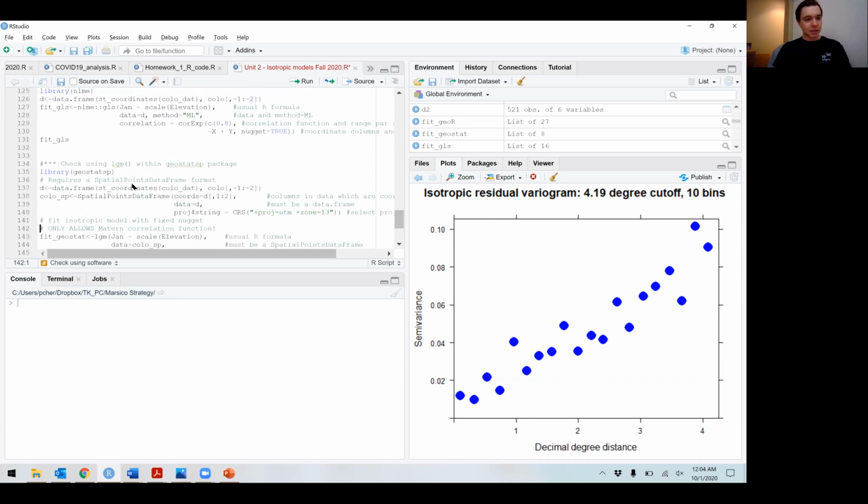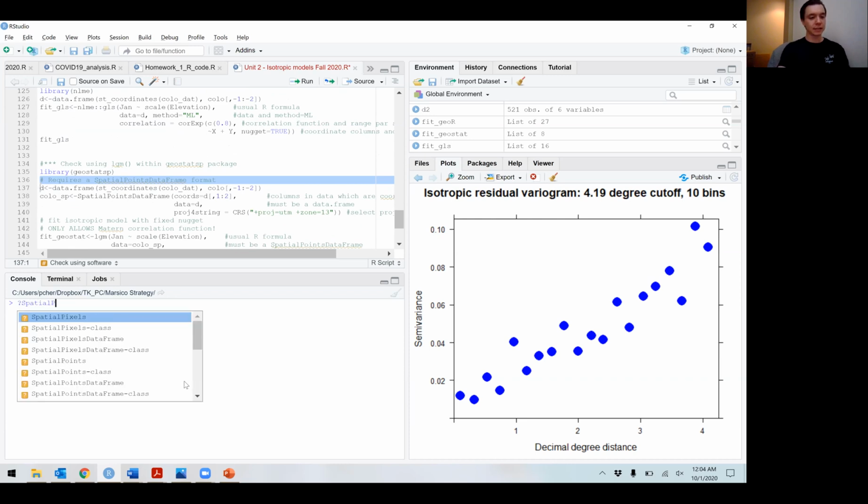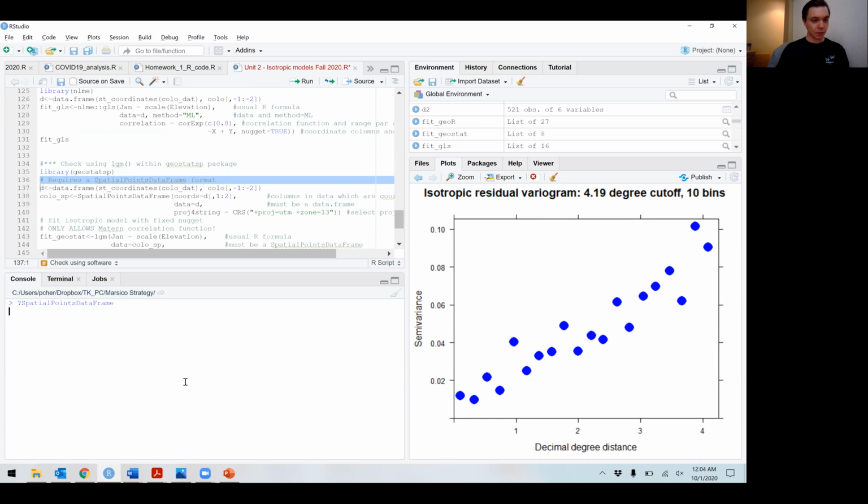The last package comes from a library called geostatsp. This is a great package for making nice plots very quickly. It requires, not surprisingly, its own format, and it requires that we give it a spatial points data frame format.